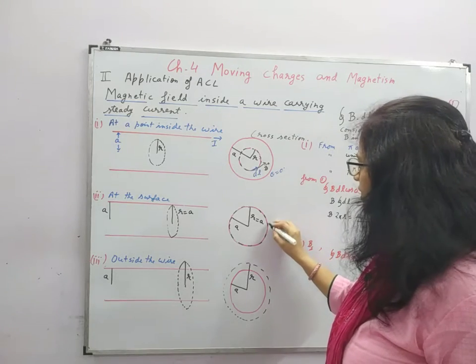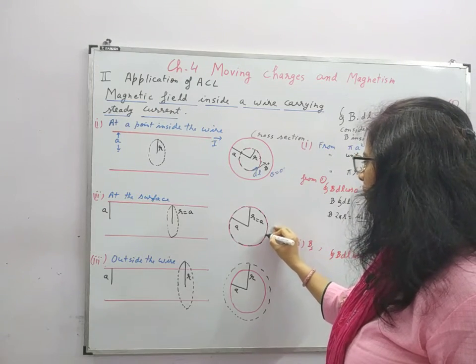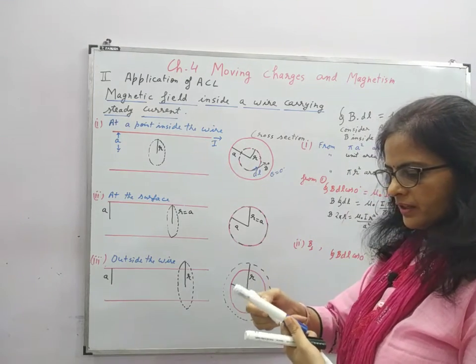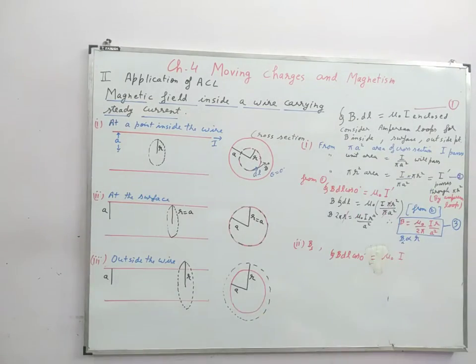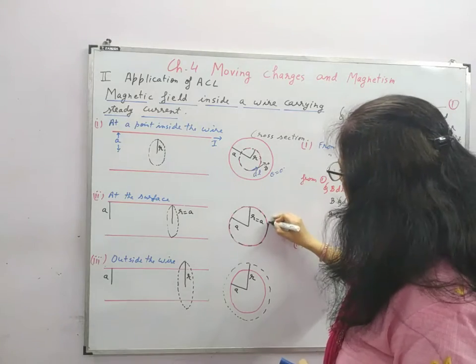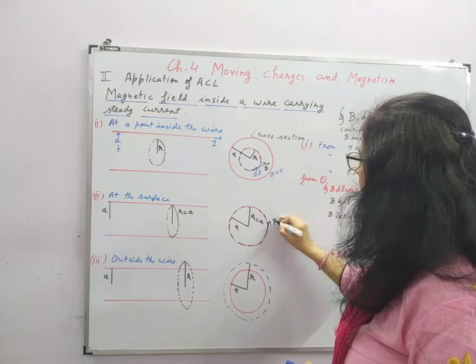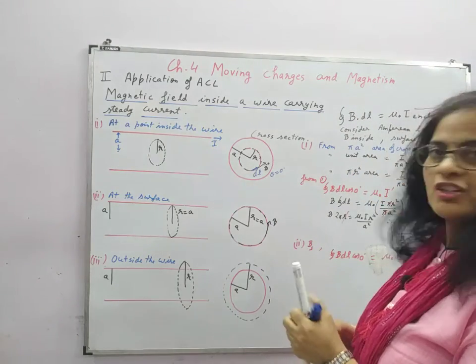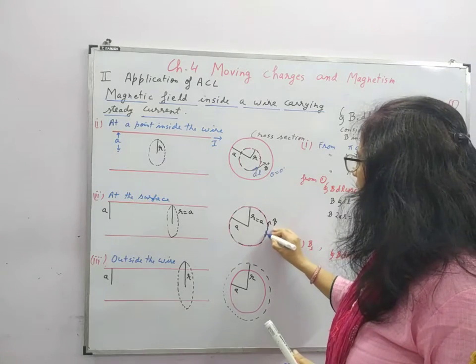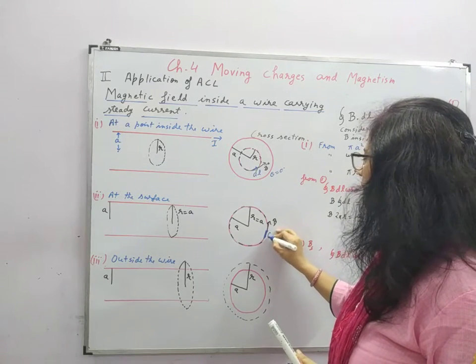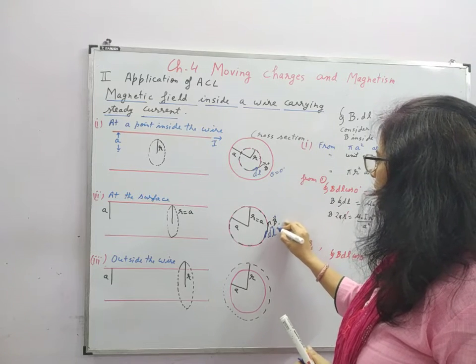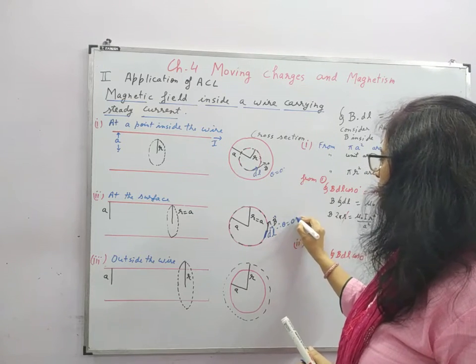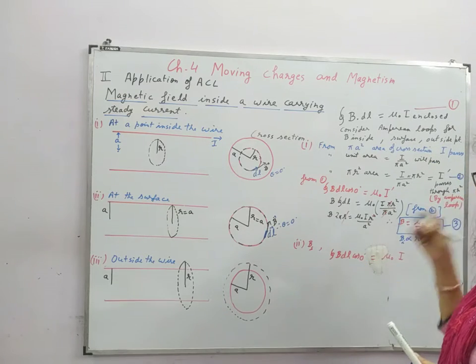Now here also we will check the direction of magnetic field at any point on the Amperian loop. This will be the direction of magnetic field, and the same will be the direction of the dl element of the Amperian loop. So therefore theta is 0 degree in this case as well. That's why I have written this.